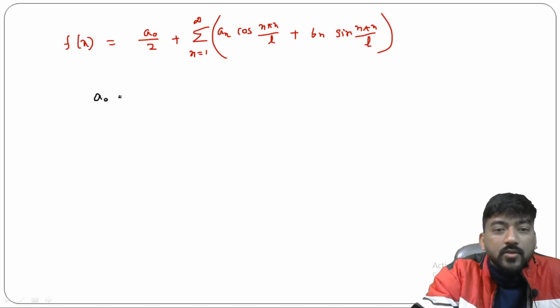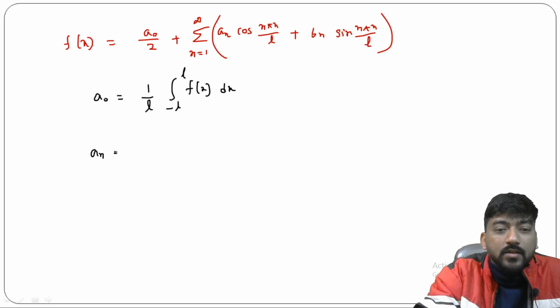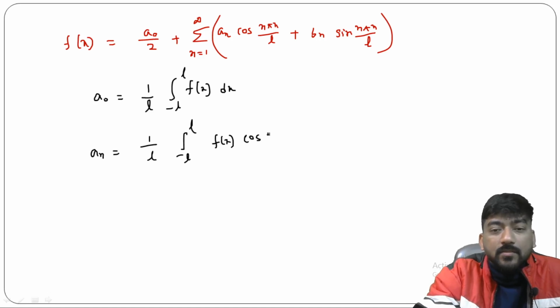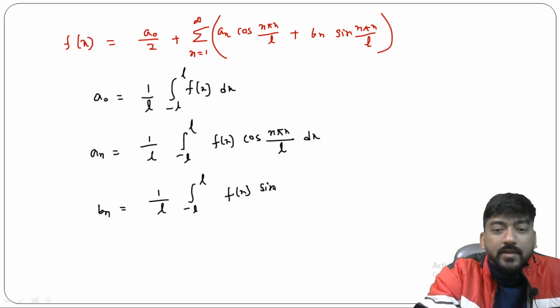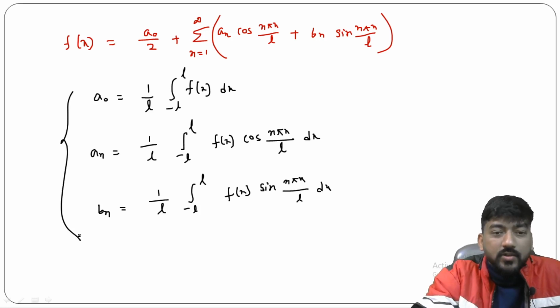We have a0 is equal to 1 upon L integration minus L to L f of x dx. an is equal to 1 upon L integration minus L to L f of x cos(n pi x by L) dx, and bn is equal to 1 upon L integration minus L to L f of x sin(n pi x by L) dx. Okay, so these are the Fourier coefficients.